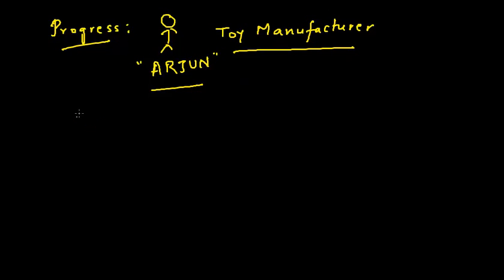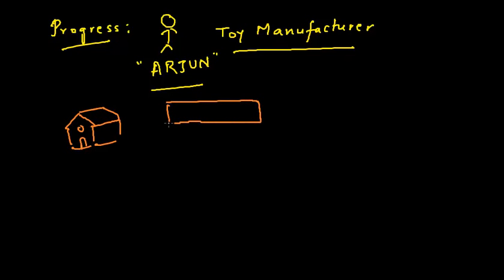Let's see. He lives in a home, and he has a toy factory. It is a toy factory where he produces toys. Let's say he produces these toy cars.